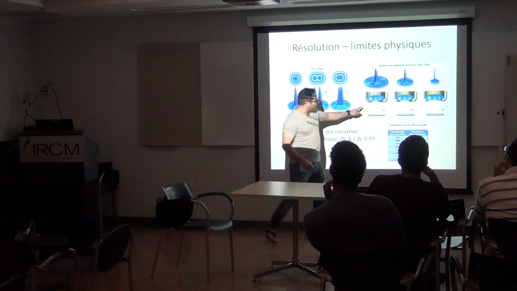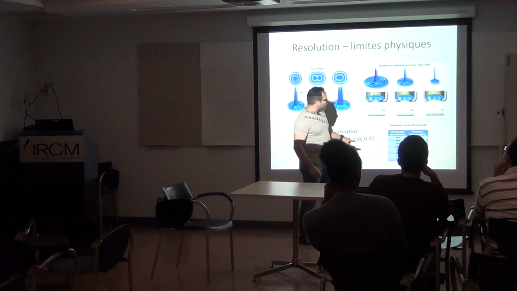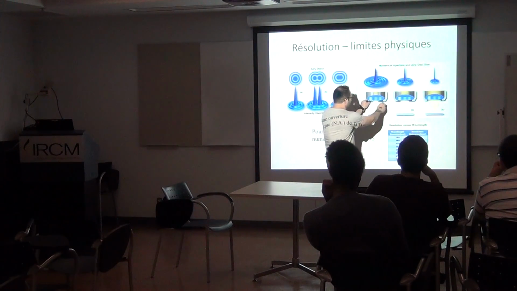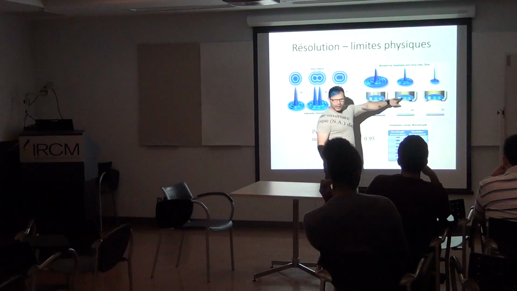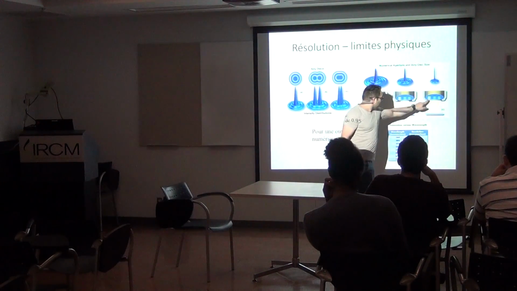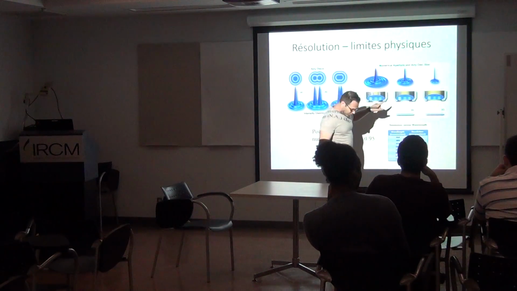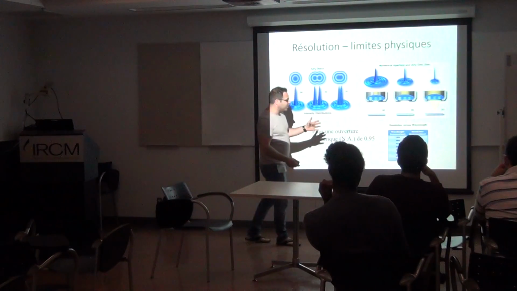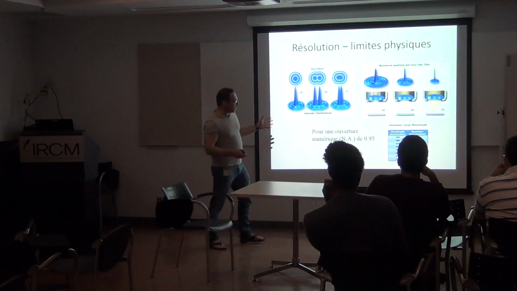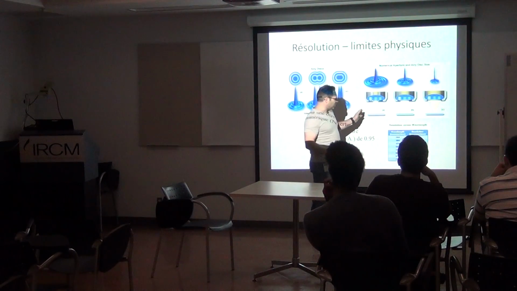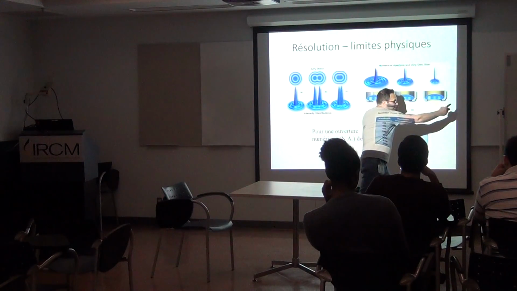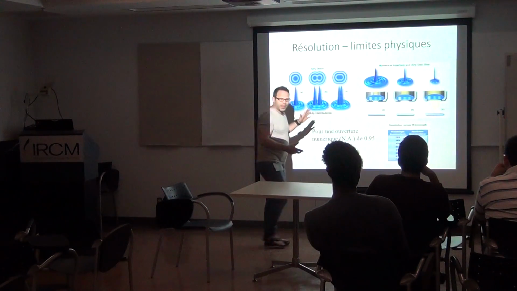But if you get an objective like that, everything which is emitted in this range here, you're going to be able to get with this one. And even with this one, it's much larger again. So you see that the more light you can collect is really with the aperture size.